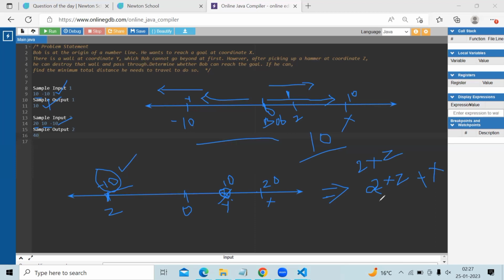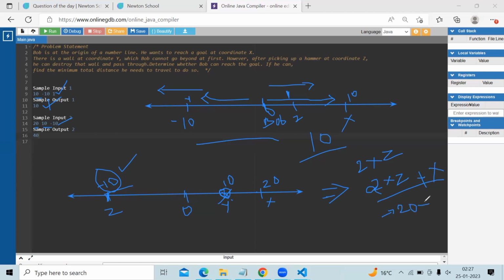So to reach the goal, the minimum distance is minus 10 into minus 10, 20.